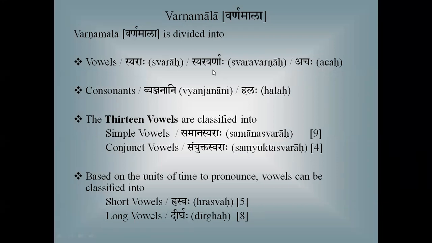Long vowels take 2 units of time, and Pluta takes 3 units of time, more than 2, 3, 4, etc. And consonants cannot be pronounced without the vowel, and they take only half a matra. It means the very pronunciation of the consonant stops at the place of pronunciation. It is not complete, only half a matra it takes, ardha matrakam.